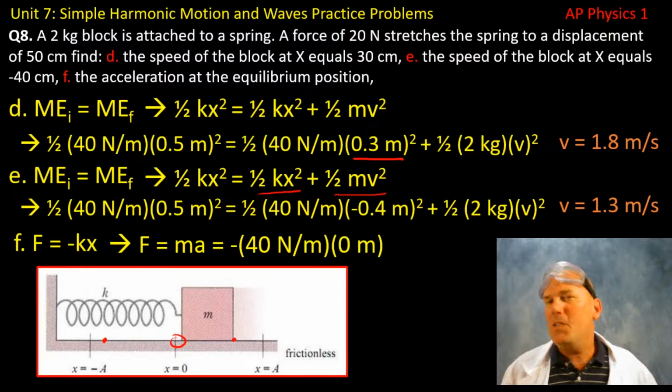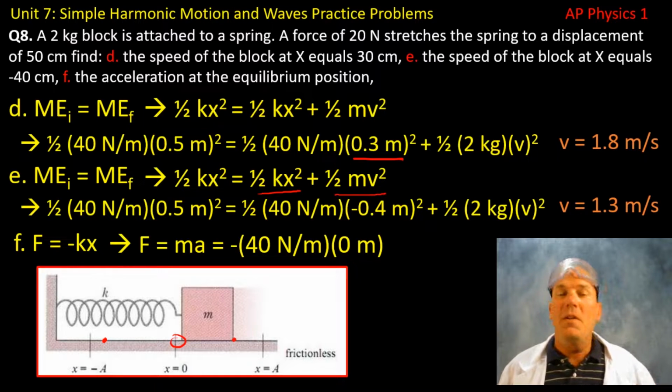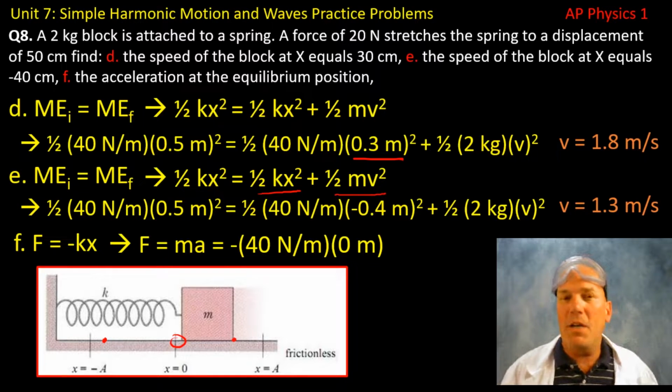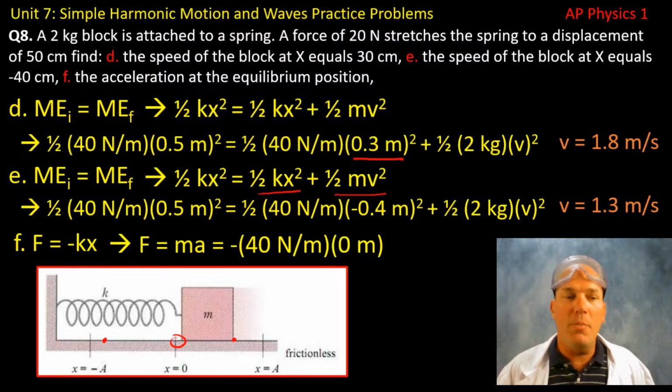So force, Newton's second law, is equal to mass times acceleration, but the acceleration is 0, or we can set that to kx, is another way to look at it. What is the position at equilibrium?